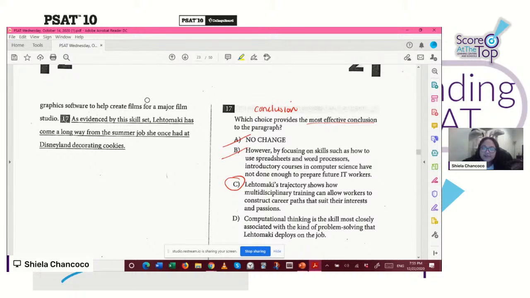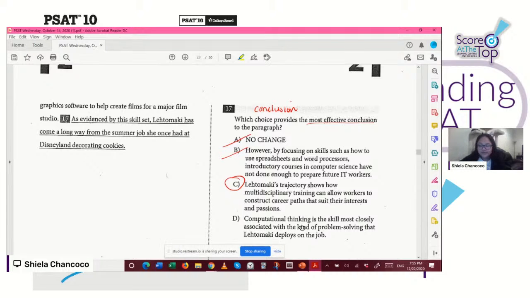So for here, that's basically what Letomaki did, right? And C is the one that says all that. Trajectory shows how multidisciplinary training can allow workers to construct career paths that suit their interests and passions.